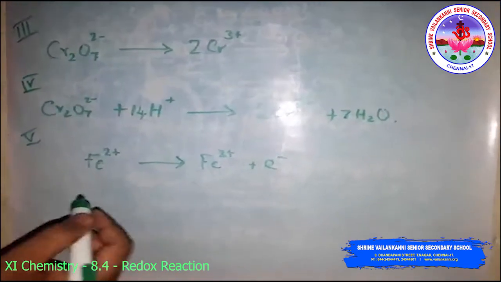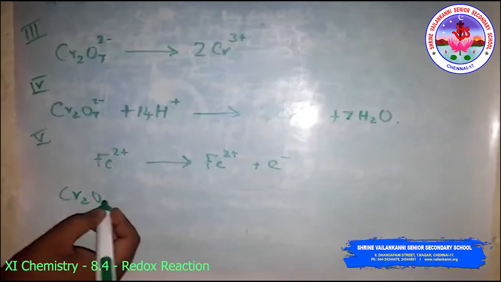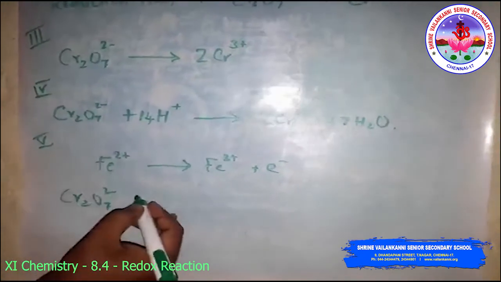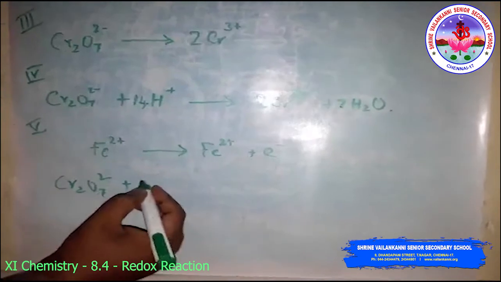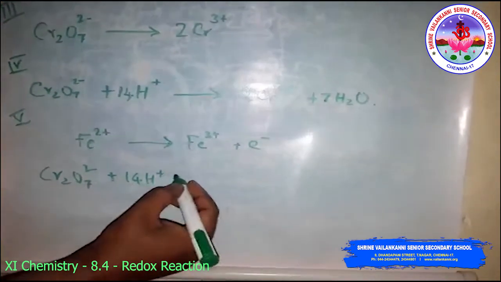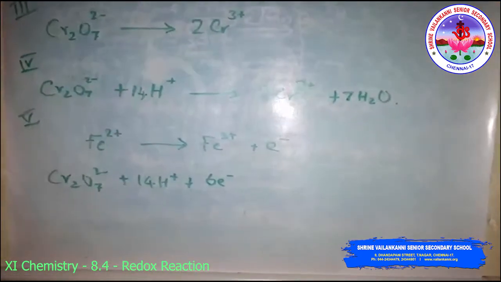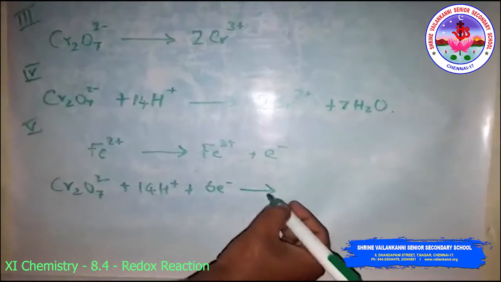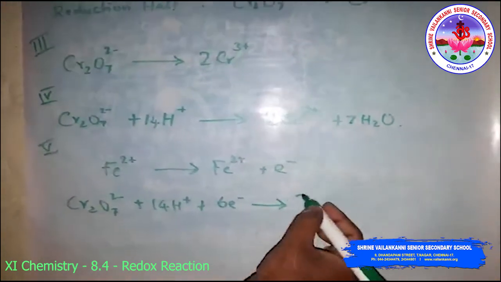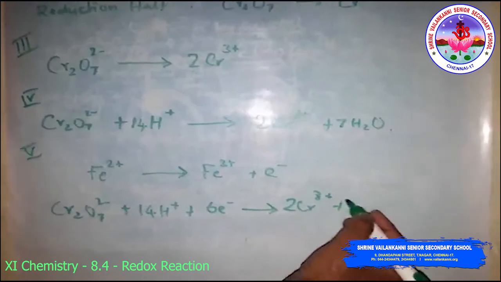So you have to balance the equation like Cr2O7 2 minus plus 14 H plus, then 6 electrons. Okay, 6 electrons on the left hand side, then 2 Cr3 plus, then 7 H2O.